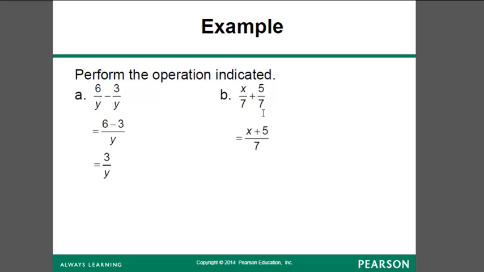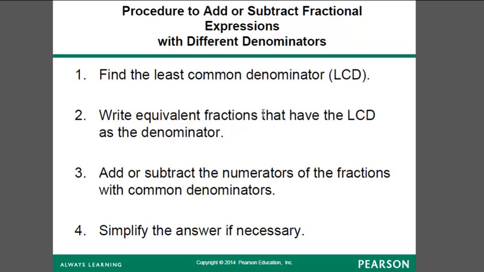So if fractions already have a common denominator, I'm just going to add and subtract their numerators, leaving their denominator the same. If they do not have the same denominator, that's when we have to make sure that we find a least common denominator. The least common denominator will be the least common multiple of the two denominators.